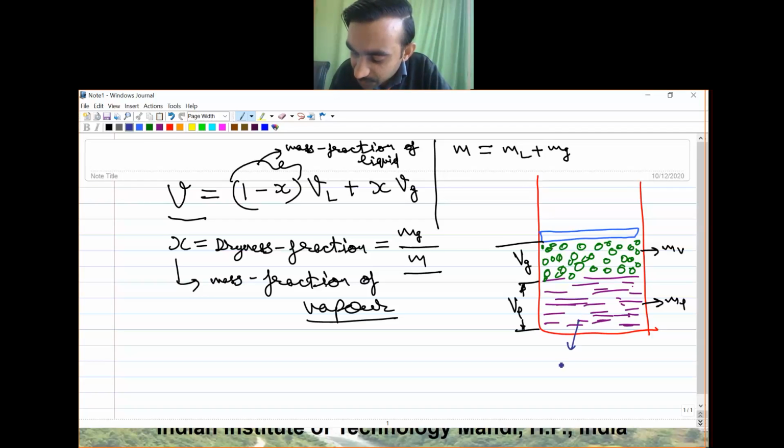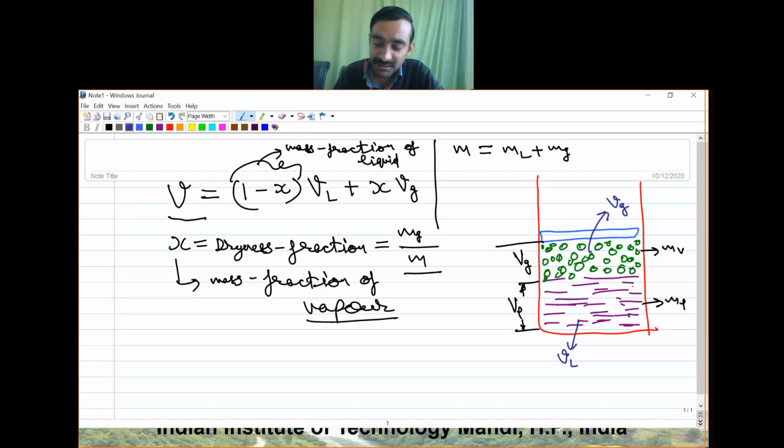Within our system, the liquid portion has some specific volume VL, and the vapor portion has a different specific volume Vg. Because of the difference in density, the liquid and vapor will not stay as a mixture; rather, the vapor will be completely separated from the liquid. The liquid portion will be at the bottom and the vapor portion near the top.